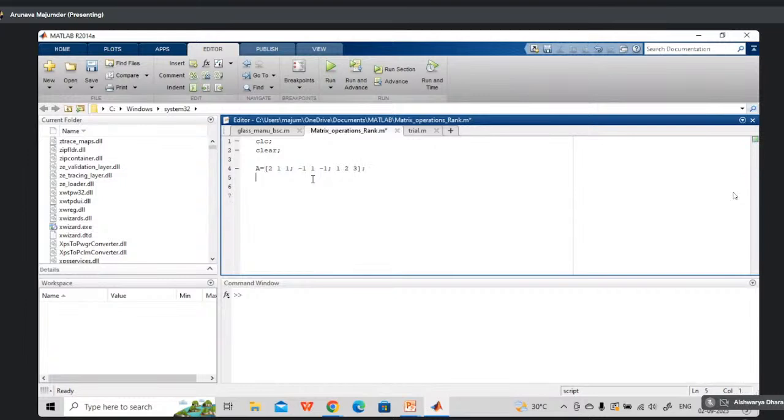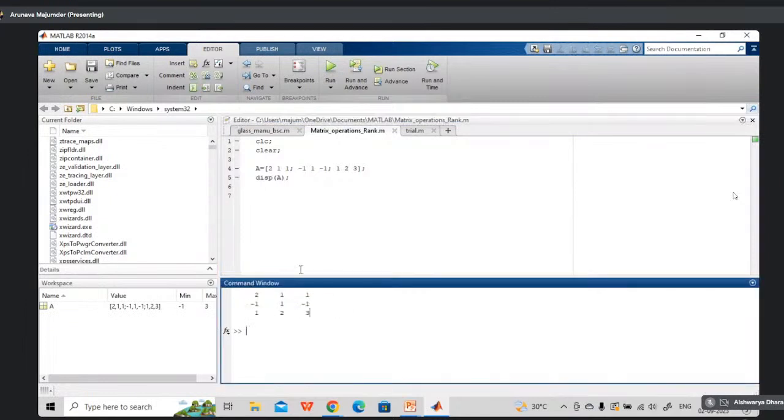So this is the matrix, and I can display it. Yes, you can see the matrix displayed here. This is the coefficient matrix.